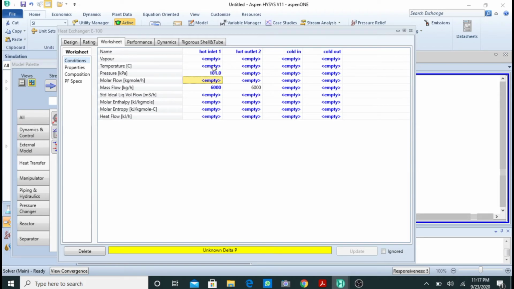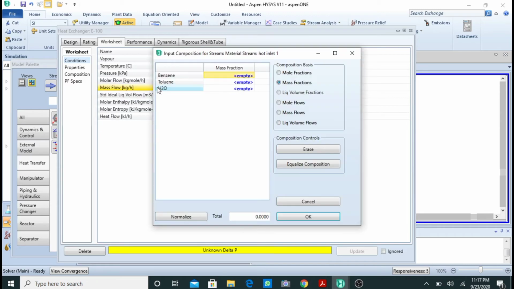Temperature was the boiling point, so we don't know the temperature of the inlet stream. The benzene was 44%, so I will write 0.44 for benzene, and the remaining will be toluene, so it is 0.56.